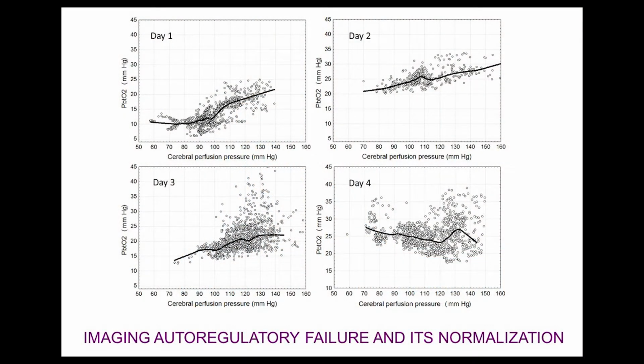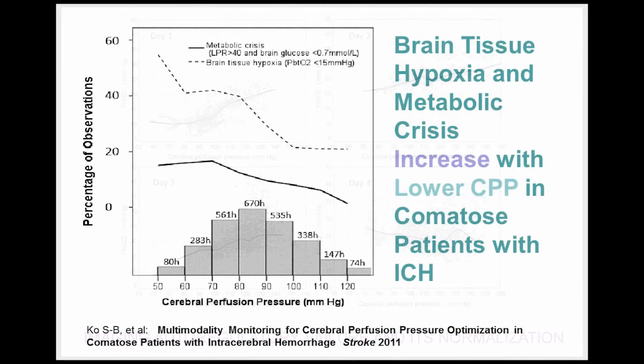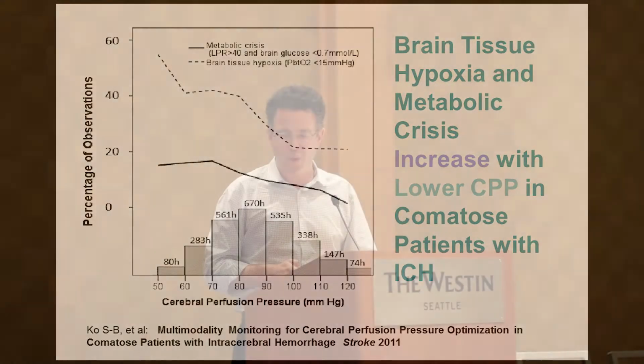We did some work among a number of other studies, and simply to point out here, if you take a large cohort of comatose ICH patients, and we look at all these measurements, this is hours and hours and thousands of measurements, and what you see here is that when you mash it up, the lower the cerebral perfusion pressure, as the dotted line shows, the more brain tissue hypoxia you're going to be seeing. So the relationships seem to work in the way that we would expect them to work.